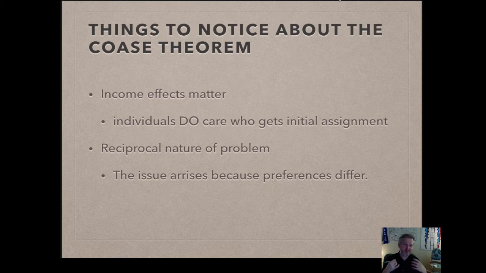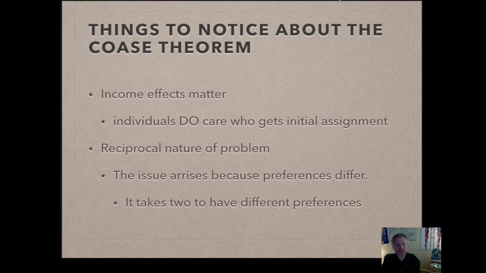It's because my neighbors probably don't like me burning tires in my yard that there becomes an issue over who gets the property right. Do I have the property right to burn tires in my yard, or do they have the property right not to have black smoke funneling in through their house? All right. The point is, it takes two different preferences in order for there to be a real issue with these sorts of goods.